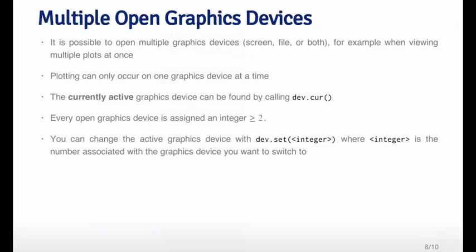There's no graphics device that has the number 1. You can change which graphics device is active by calling the dev.set function, which takes an integer value and switches you to the graphics device that corresponds to that integer. So you can switch back and forth between the graphics devices using dev.set if you need to.